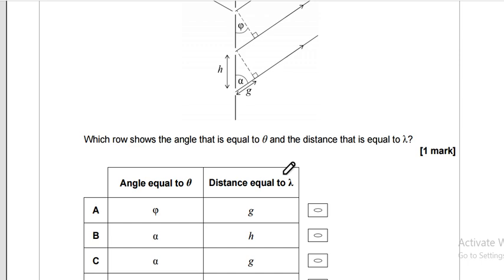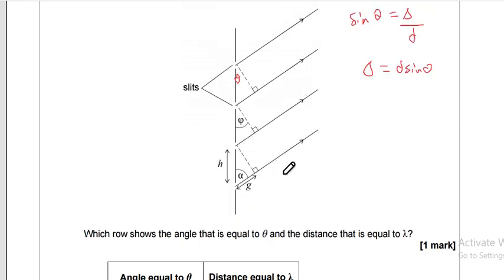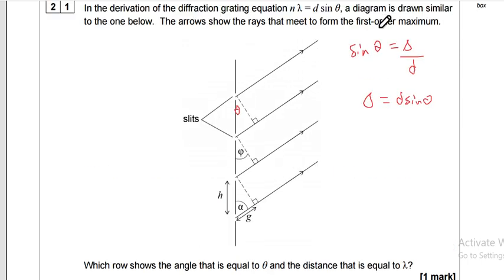If we read the question carefully, we will find that it asks about the first order maximum, which means n equals 1. So lambda here is equal to d sine phi, which again is the path difference, which is g.